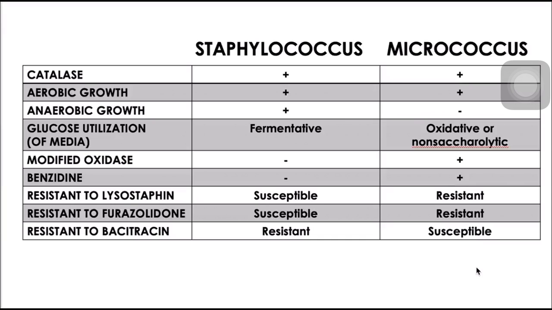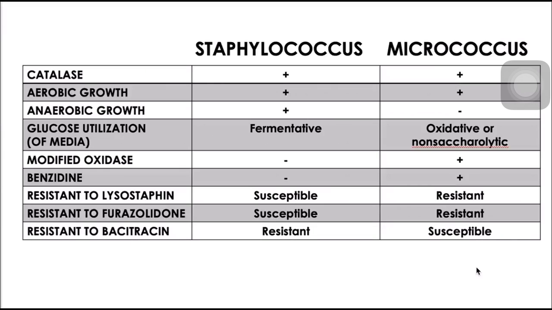So we are comparing here coagulase-negative Staphylococcus versus your Micrococcus. And again, Staphylococcus is a facultative anaerobe, so it can grow both in an aerobic as well as in an anaerobic environment, while Micrococcus is an obligate aerobe that can only grow aerobically.